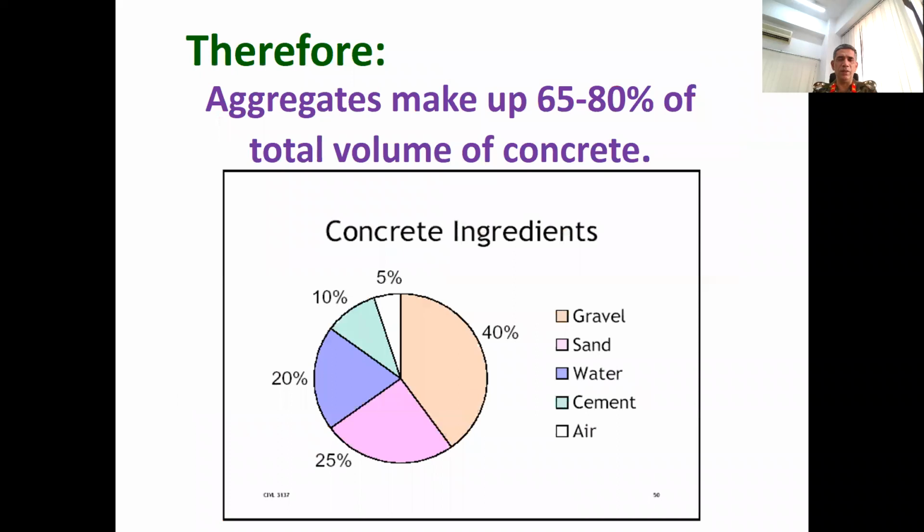As you can see on this pie chart, gravel is one type of aggregate. We crush gravel and then we get stone chips. Brick is also one type of aggregate. Earlier in our country, and still in some places, we use brick instead of stone chips.